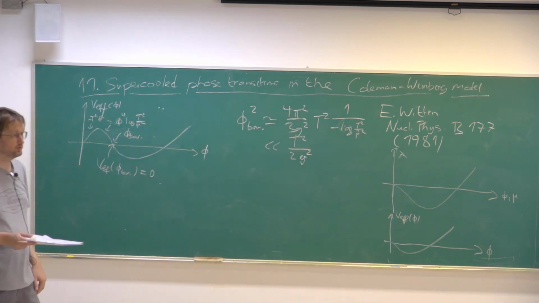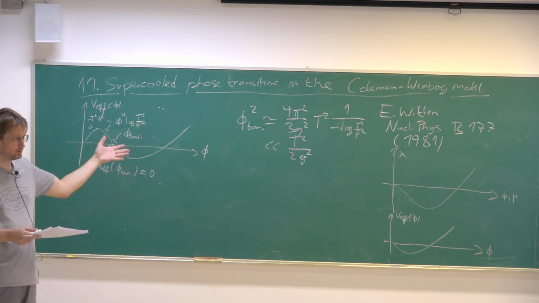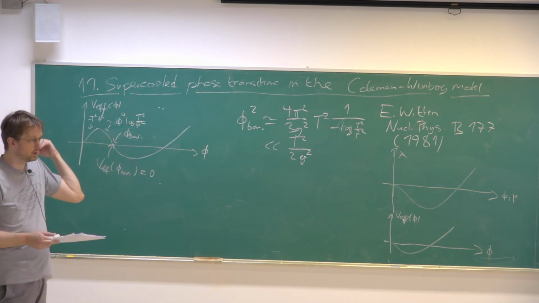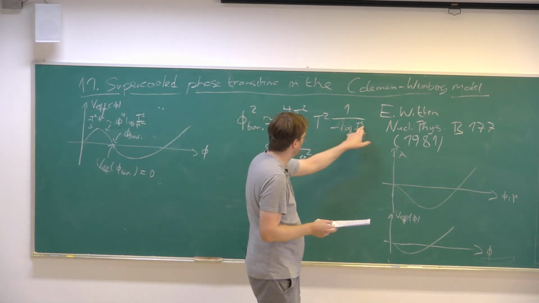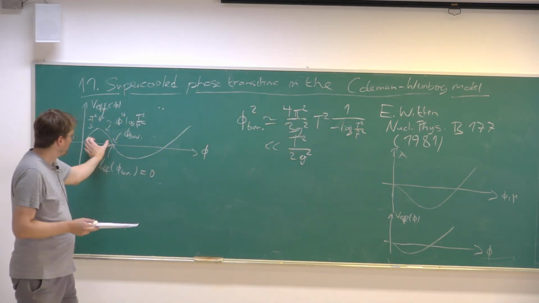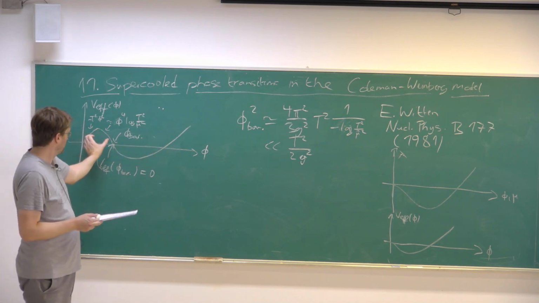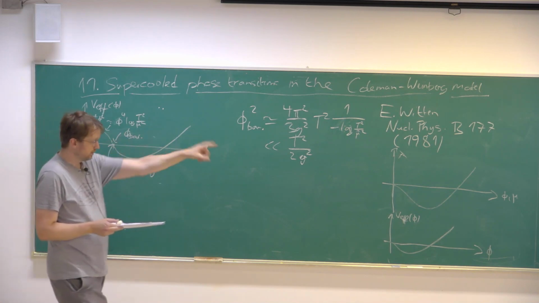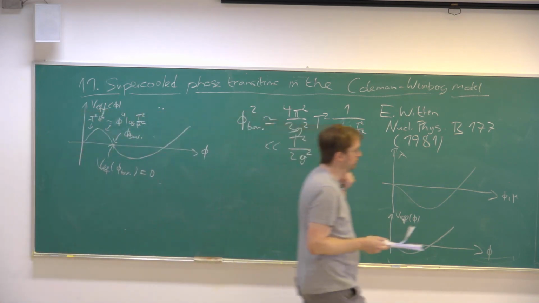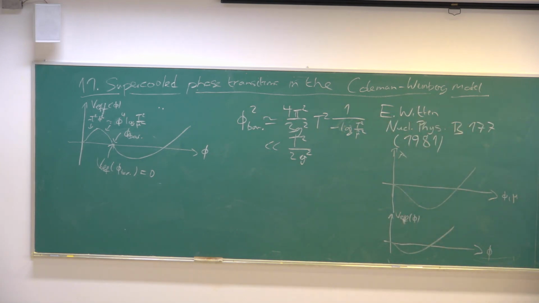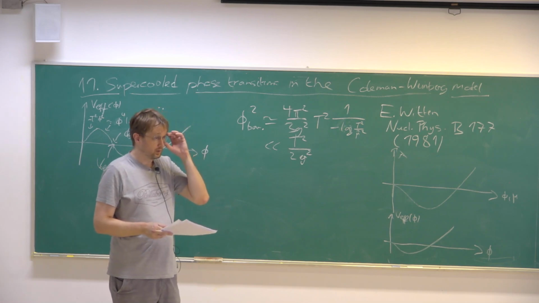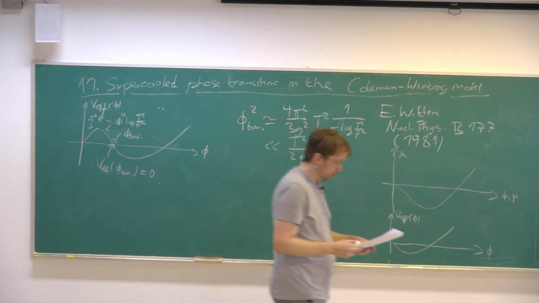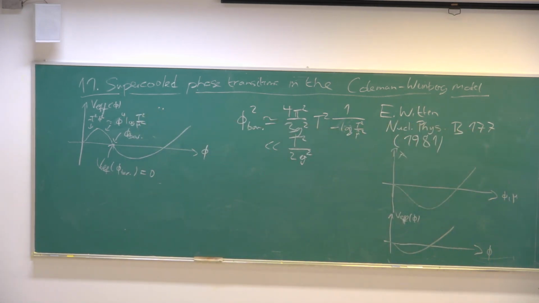As long as your phase transition is sufficiently supercooled, and I will show you in a second when that is the case, the barrier is always in the regime where this approximation to my potential is valid. The whole point of this was to justify that I can use this potential to calculate the bounce action, because that has a very simple form. Of course, I can do all this analysis exactly, numerically.